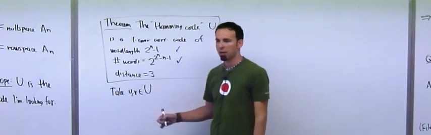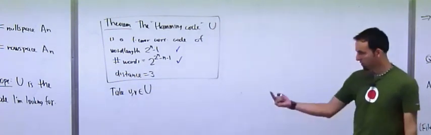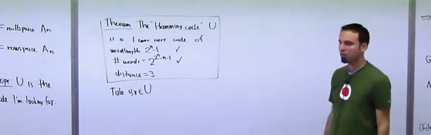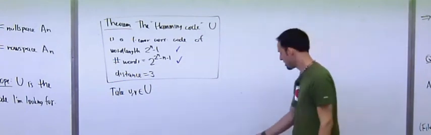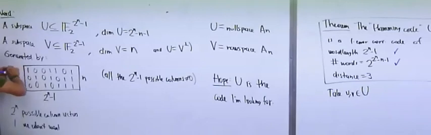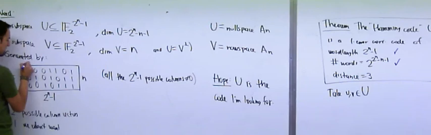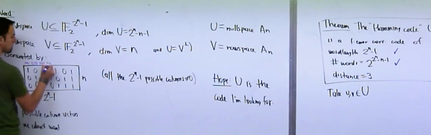Okay. And I want to come up with a nice way of labeling the coordinates. U is a row vector that is generated by those rows. And so I have a natural way of labeling row vectors of this length. Instead of calling the coordinates U1, U2, U3, and so on, let me take care of this extra structure that I have and call this coordinate U100, call this coordinate U010, call this coordinate U001, and so on.